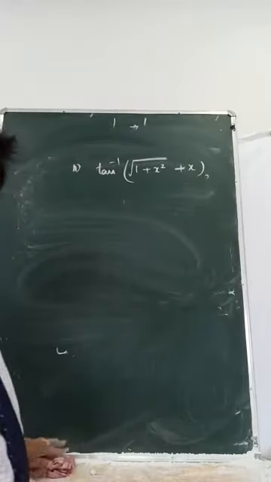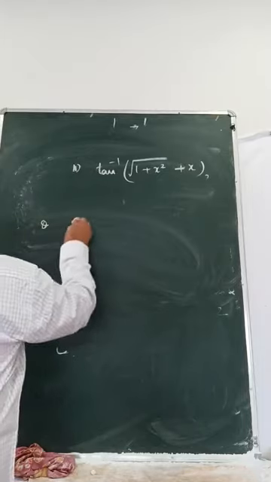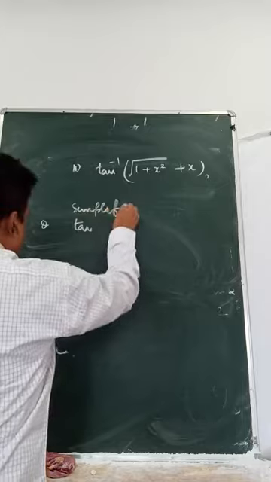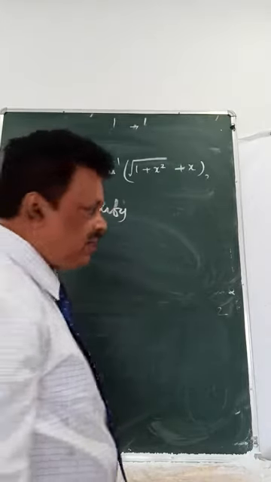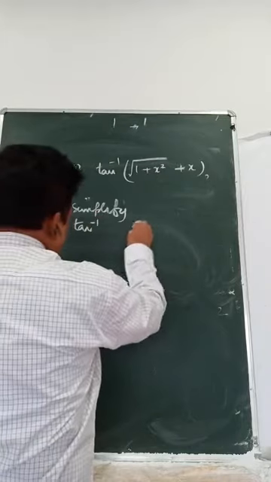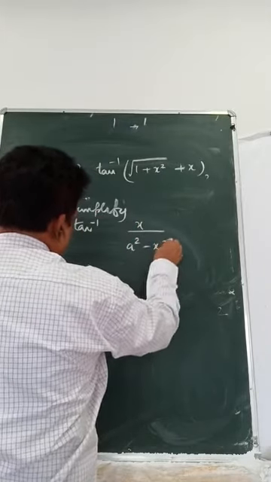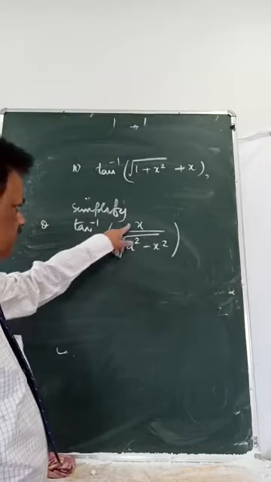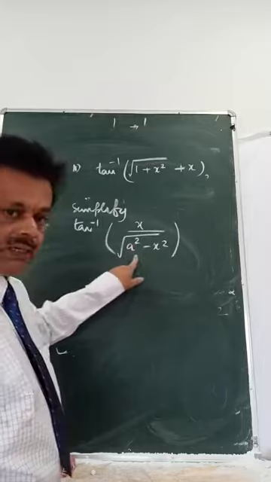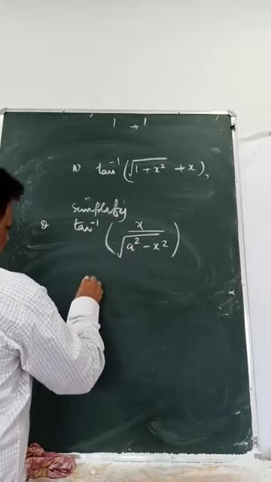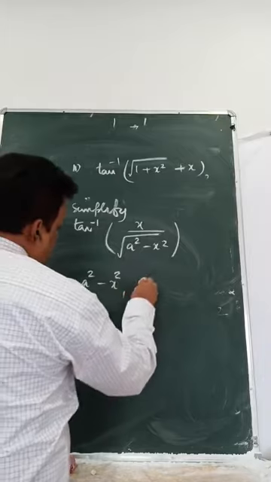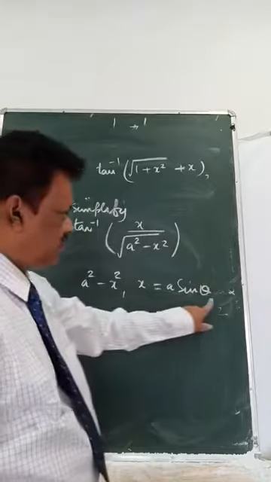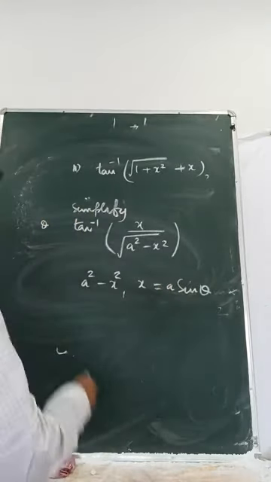Now I will take another question. Simplify tan inverse of x by square root of (a square minus x square). So the intention is tan inverse it should be tan. But here I have given a clue, you try to check. For a square minus x square, you put x equals a sin theta. So what will I get?